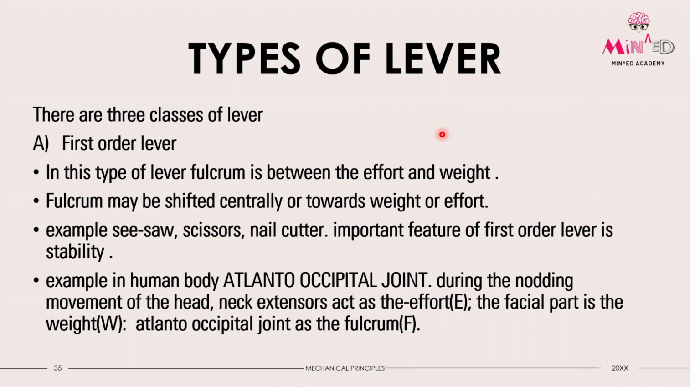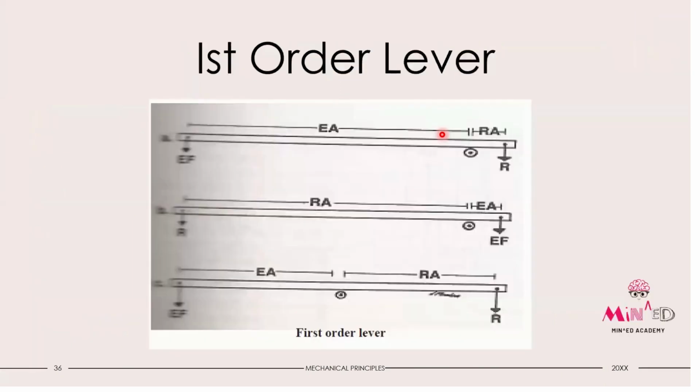So it is also called the lever of stability. In the human body we have the atlanto-occipital joint, where during nodding movement of the head, neck extensors act as the effort and facial part as weight, and the atlanto-occipital joint acts as fulcrum.